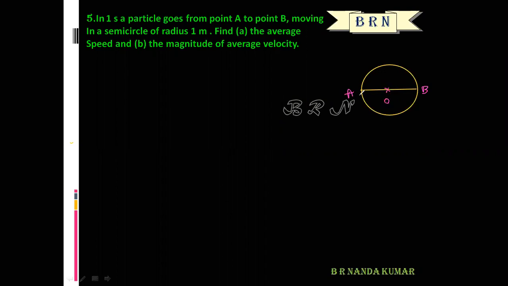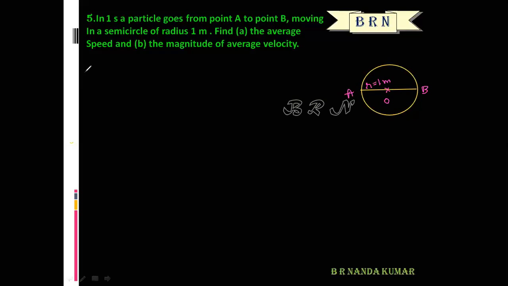So the particle is moving from point A to point B in a semicircular path, and this path has radius 1 meter. So we have to calculate the average speed.